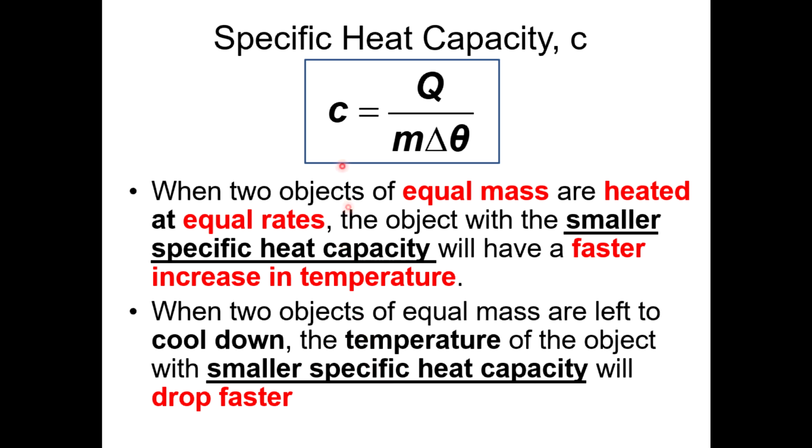If the object has smaller specific heat capacity, it heats up faster and cools down faster, cepat sejuk dan cepat panas. If the object has a material with higher specific heat capacity, it will heat up slower and cool down slower. Lambat panas, lambat sejuk.